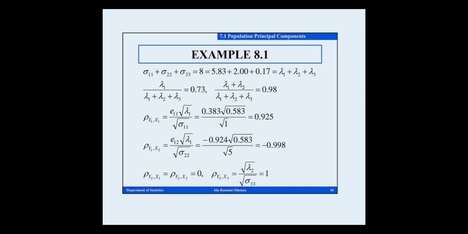Okay, bila buat pula lambda 1 plus lambda 2, maksudnya kita cari the proportion of the total population variance due to first principal component and the second principal component, so you will get 0.98. Okay, so maksudnya kat sini bila we using only the first principal component, you akan dapat 0.73. Bila kedua-dua principal component is used, the proportion will be 0.98.